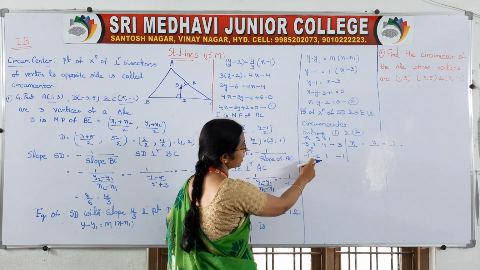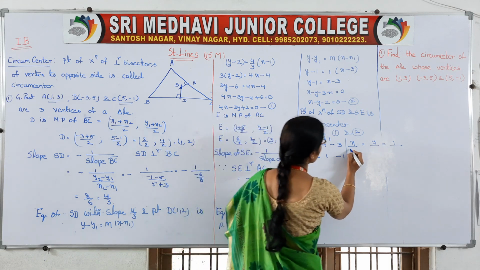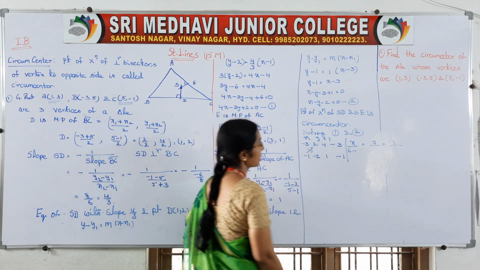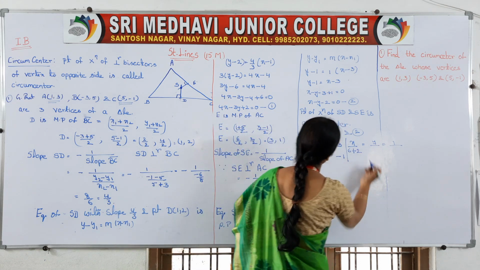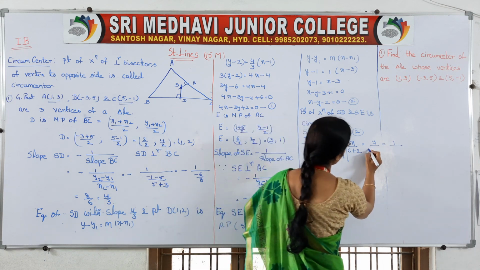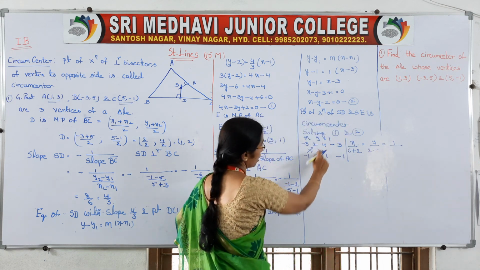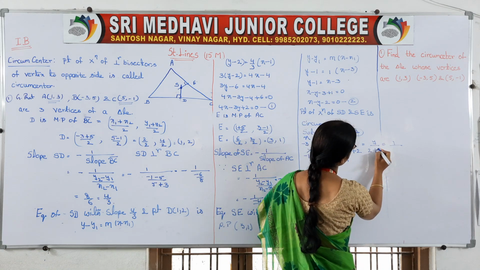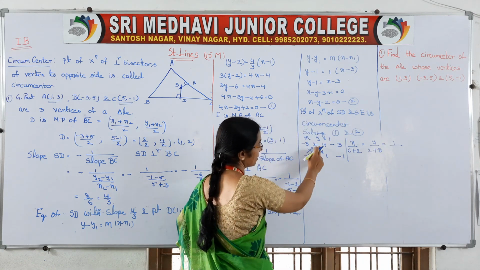So this into this: minus into minus, 3 2s are 6, minus 1 into 2, minus 2, minus of minus, plus. Similarly, this into this: 2 1s are 2, minus 2 into 4 is minus 8, minus of minus, plus.